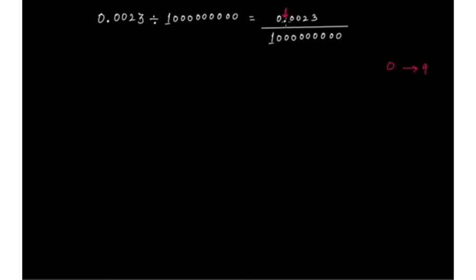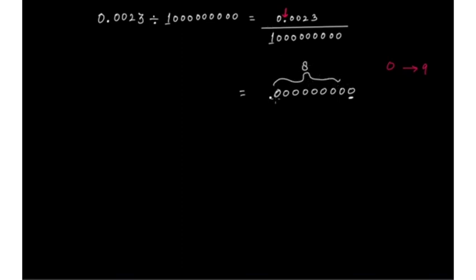It means that just write a total of 9 zeros, 1, 2, 3, 4, 5, 6, 7, 8 and 9, these 9 zeros, and place your decimal point here, because you have to count 9 digits to the left of this decimal point. So 1 zero you already have here. Place 8 zeros. These are 8 zeros, right?